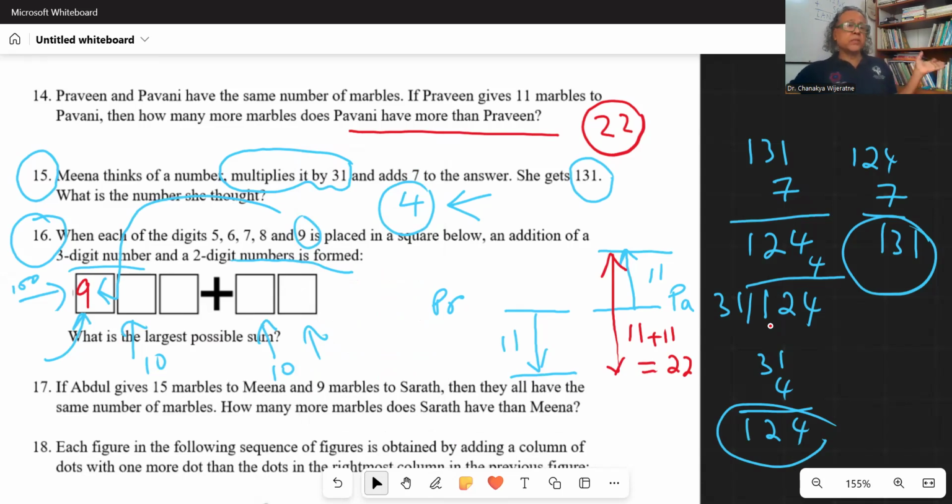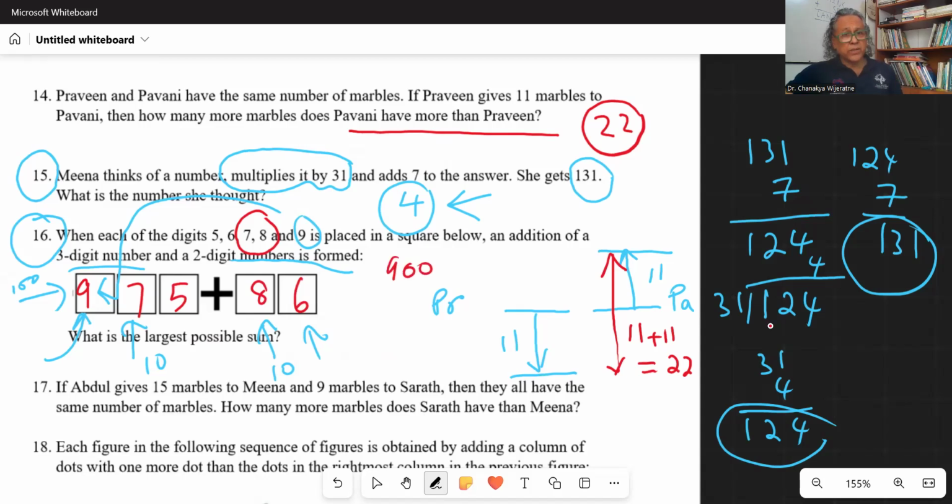And then we have 2 tens places, doesn't matter. So we put the next highest digits, the bigger ones, into these: 7, 8, doesn't matter whether it is 8 there and 7 here. And 5, 6 in the ones places, doesn't matter whether it is 5 or 6 here, right? So how many hundreds? We have 900.